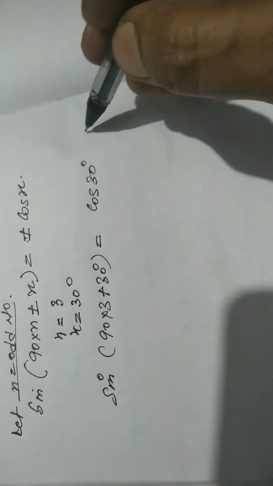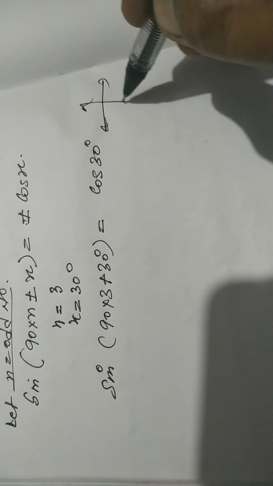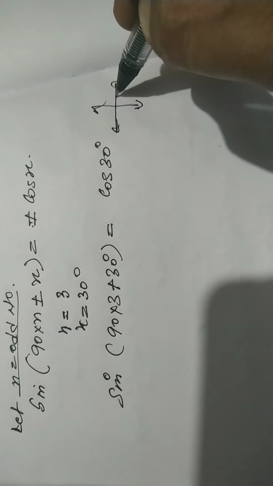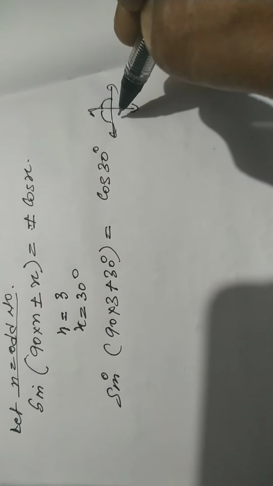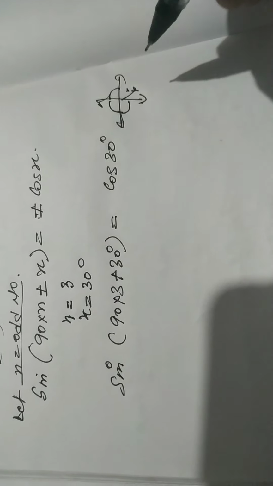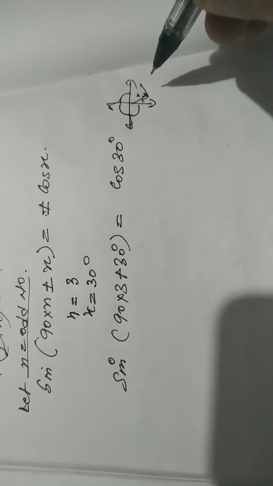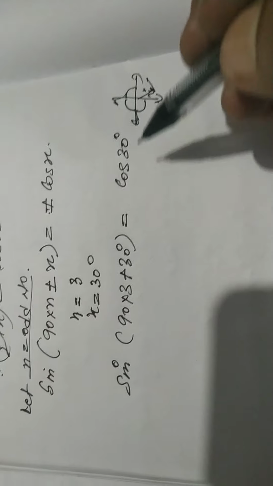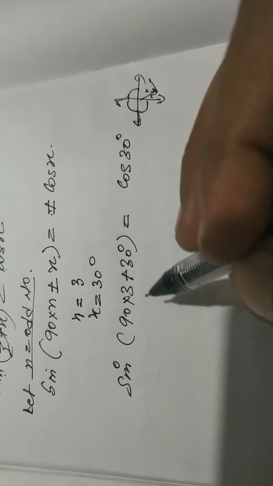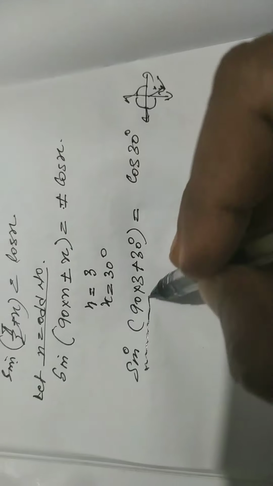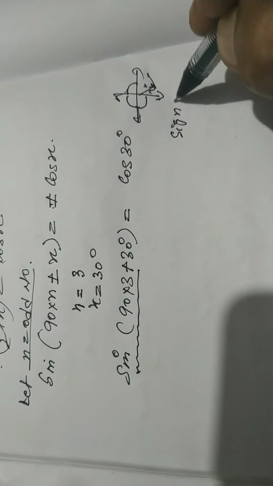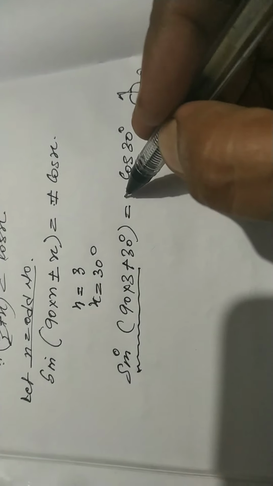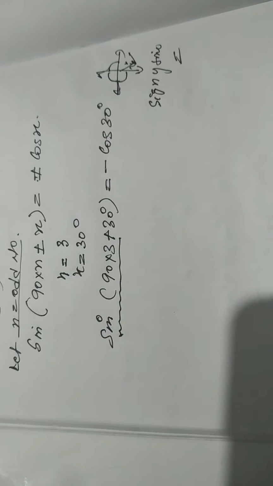Now look at the quadrant where it lies. 90 × 3 is 270, and adding to it puts the angle in the fourth quadrant. We are not talking about the cos; we need to write the sign. In the fourth quadrant, sine is negative, so we write negative.